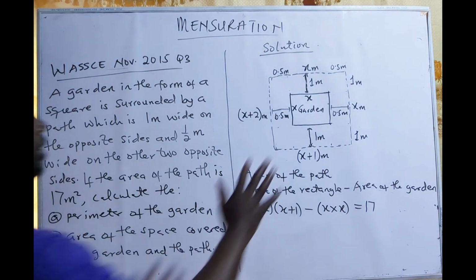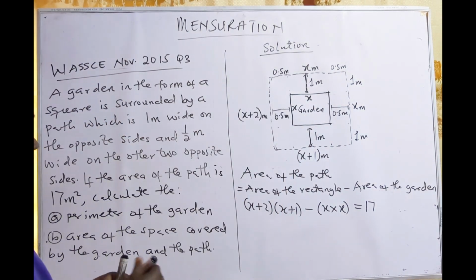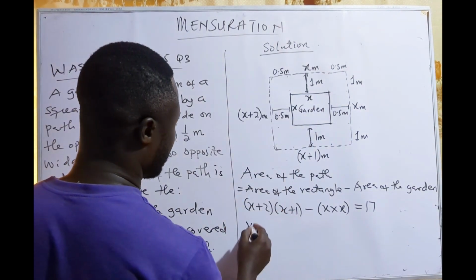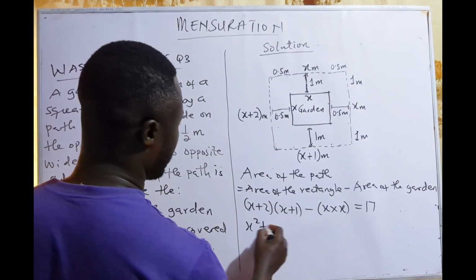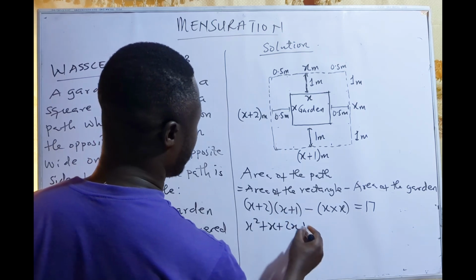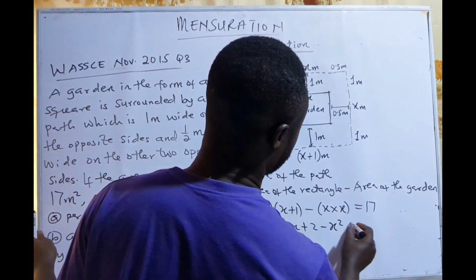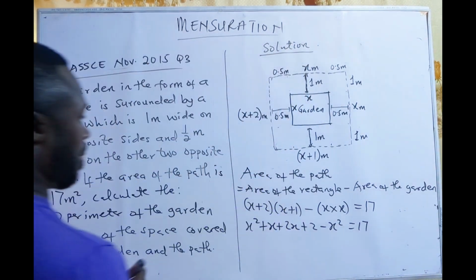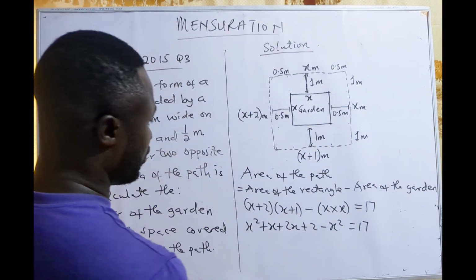Okay, so x times x will give me x squared. x times 1 will give me x. 2 times x will give me 2x. 2 times 1 will give me 2. Okay, minus x squared equal to 17. So x squared minus x squared will go.